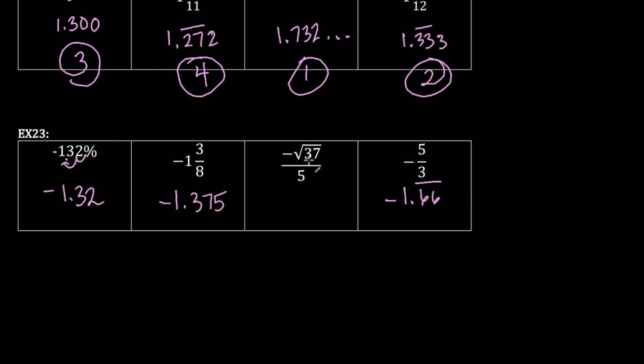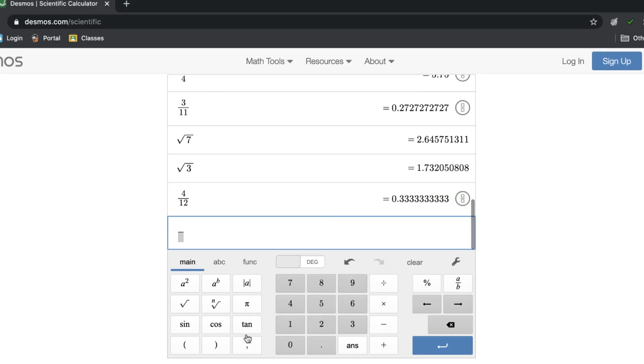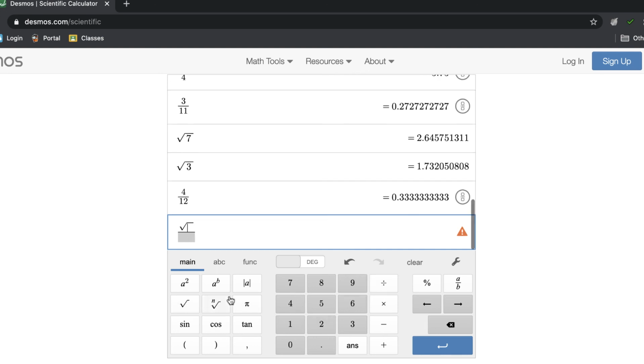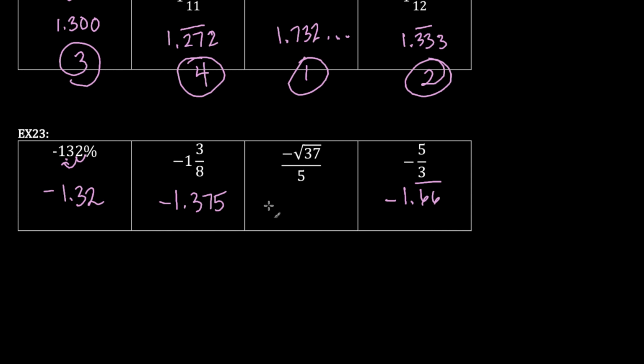So negative square root of 37 over 5 is negative 1.216, and it keeps going.